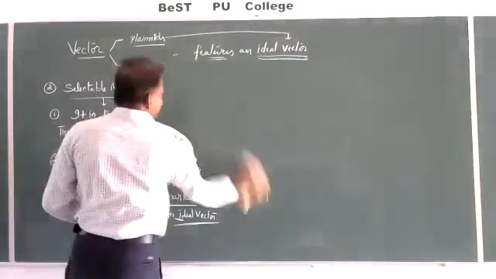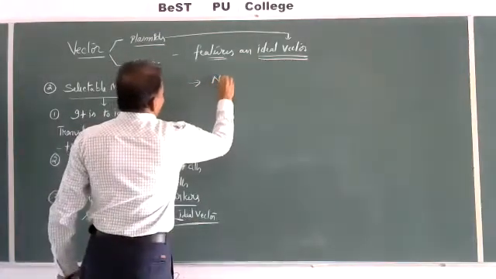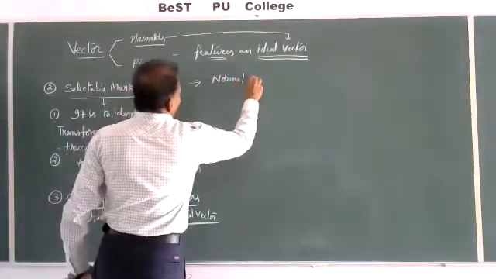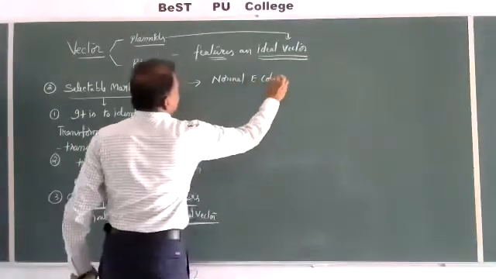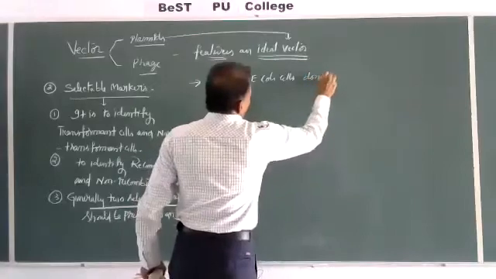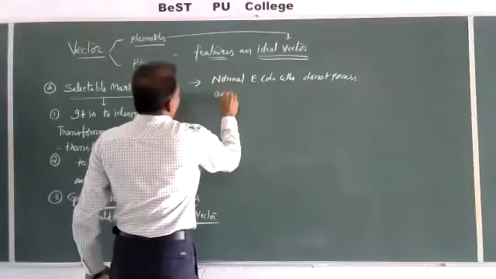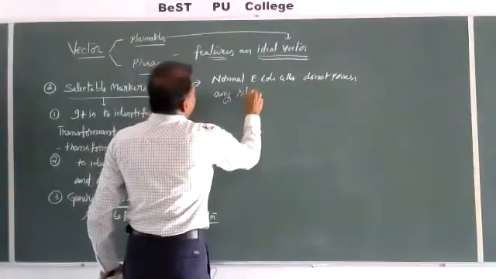See here. Normal Escherichia coli cells do not possess any selectable marker.